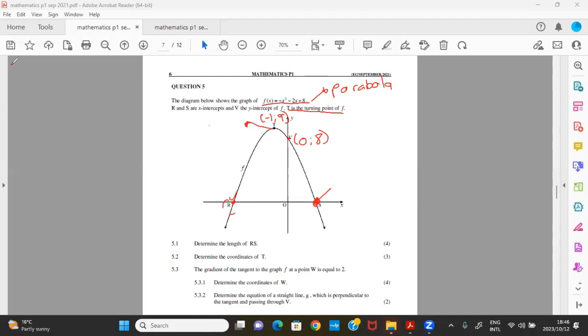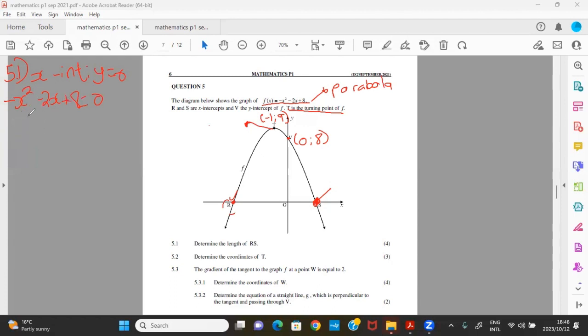So let's look at 5.1. They are my x-intercepts, so I'm just going to make y 0. Then I will have minus x squared minus 2x plus 8 giving me 0. So what does that give me?